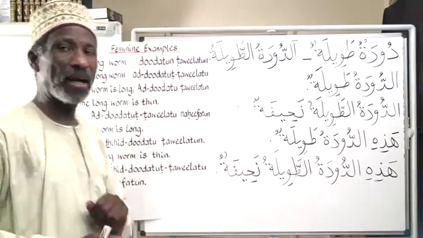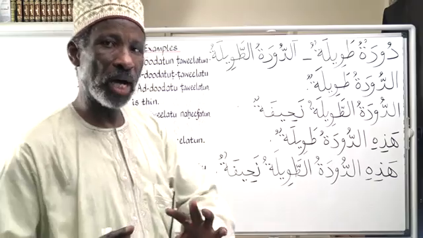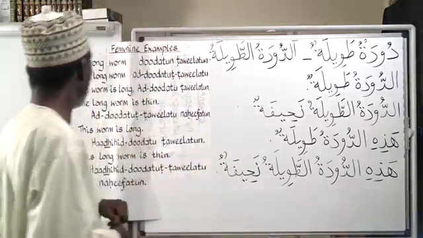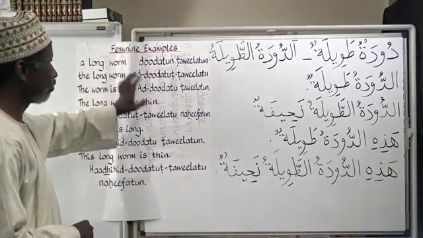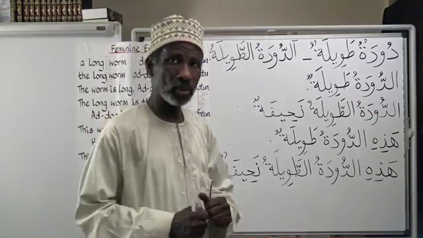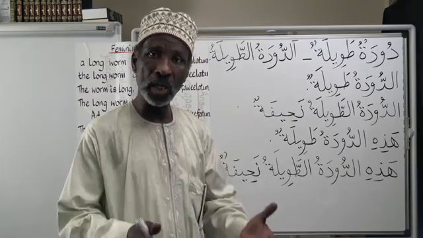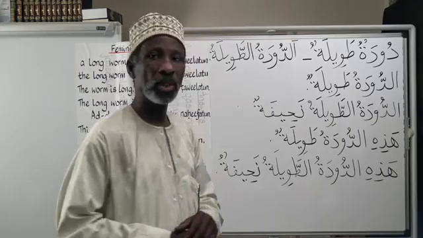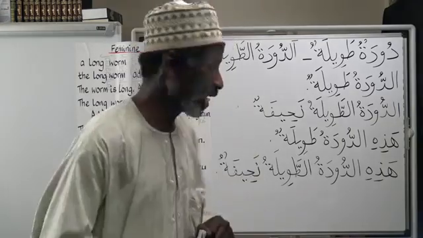More examples now. Now, feminine examples, the ones we've done previously are masculine. A long worm is dudatun tawilatun.